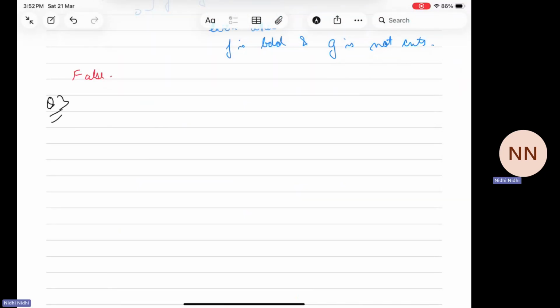Question number 3. Again, state whether true or false.